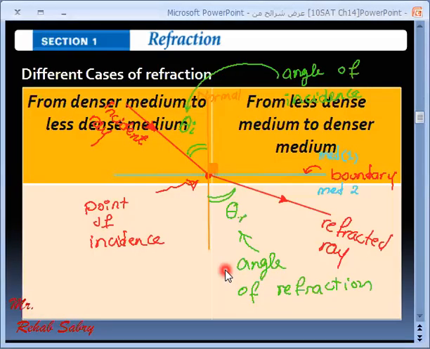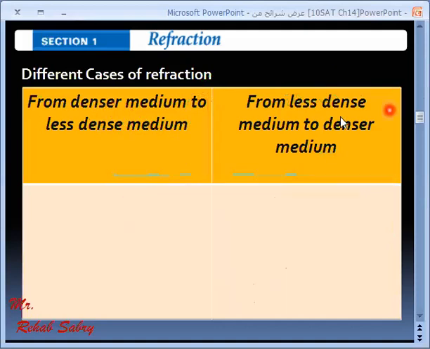Let's see. Let's clear the drawings, first of all. If the light moves from a denser medium to a less dense medium, let's remember the following.